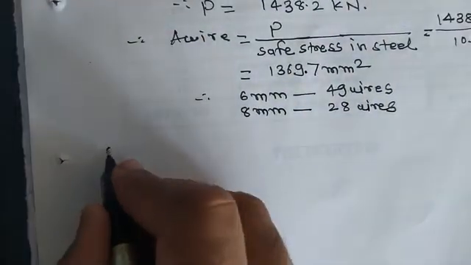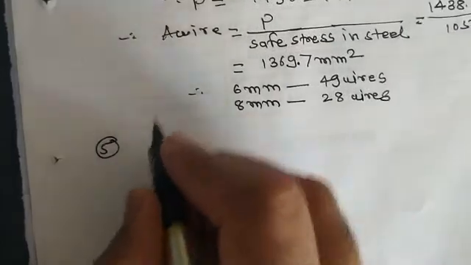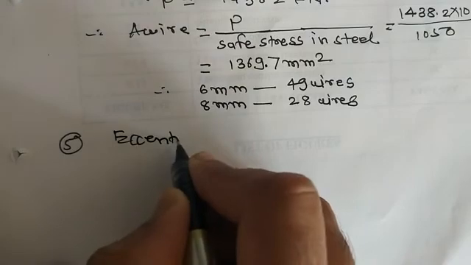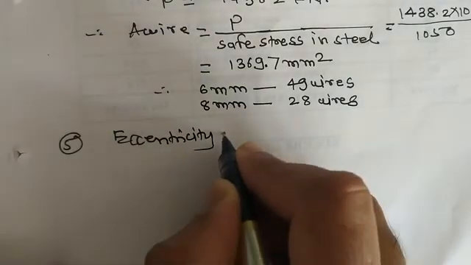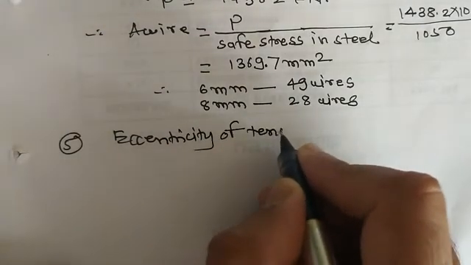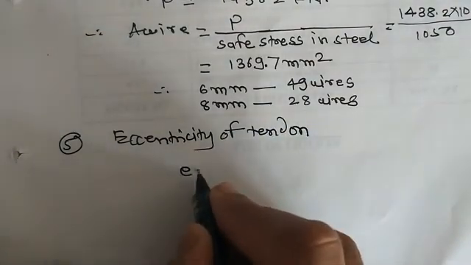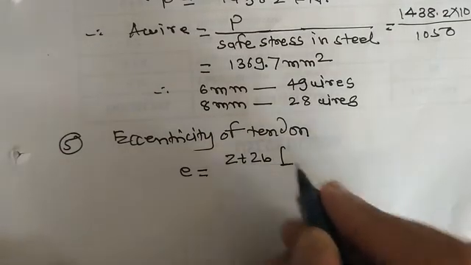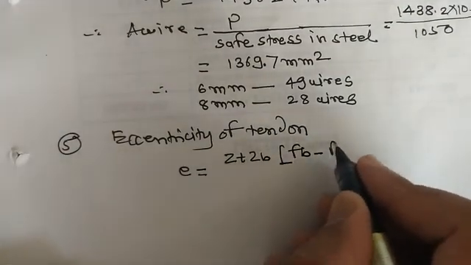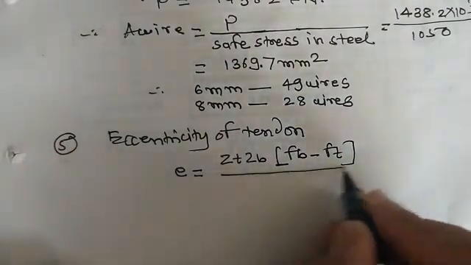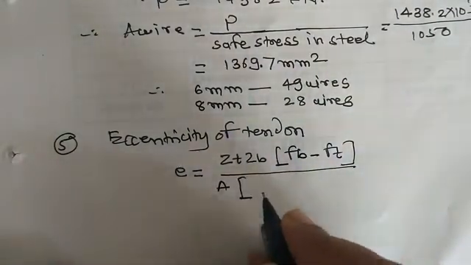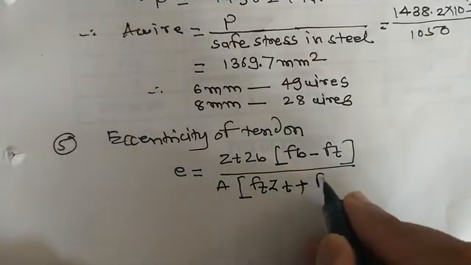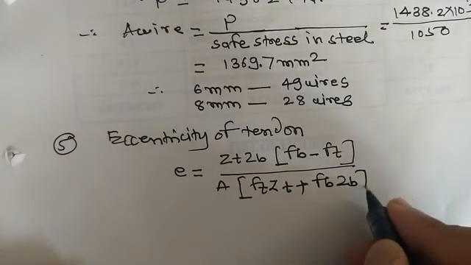Finally, step number 5, eccentricity of a tendon. The formula is Z top, Z bottom, F bottom minus F top, divided by cross-sectional area of concrete, F top Z top plus F bottom Z bottom.